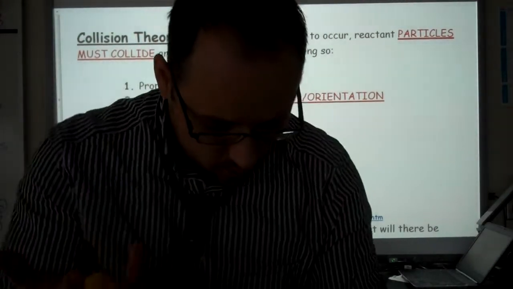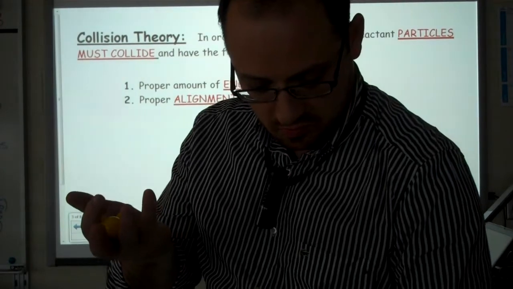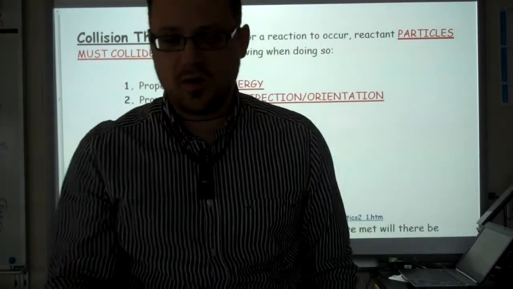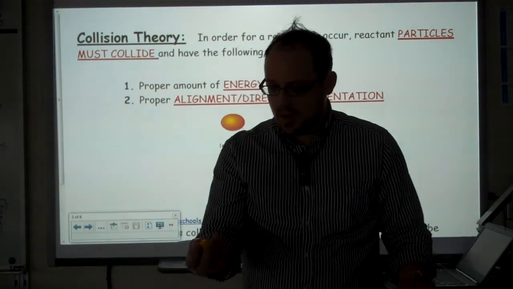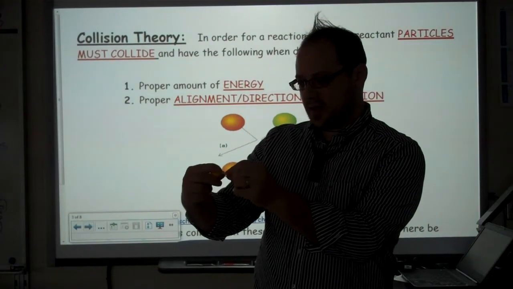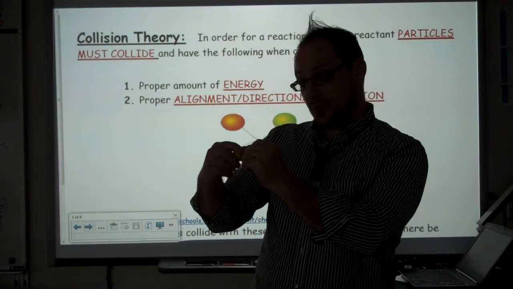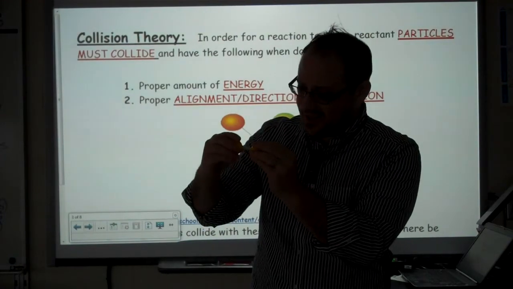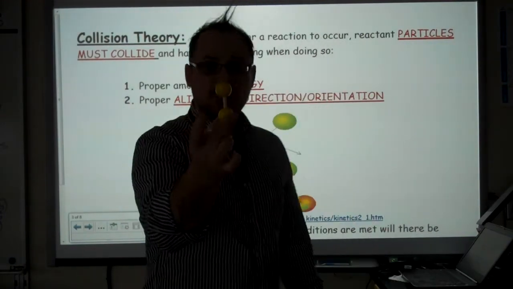For example, if I want these 2 atoms to combine to make a chemical compound, they have to do so in a very, very careful way. They have to collide with the stick properly with the right energy and orientation, and then the other stick and ball has to go in properly on the other side. That was no small feat.